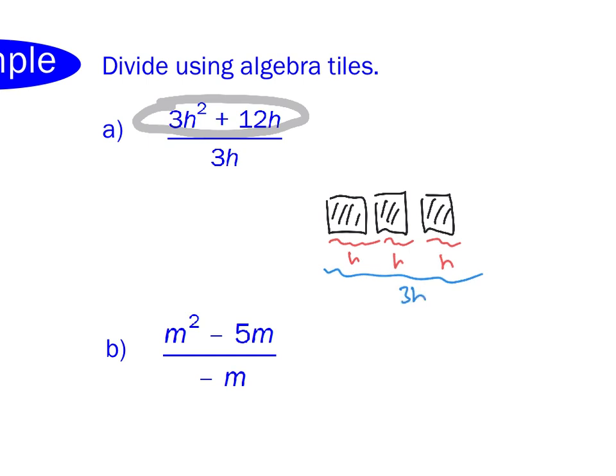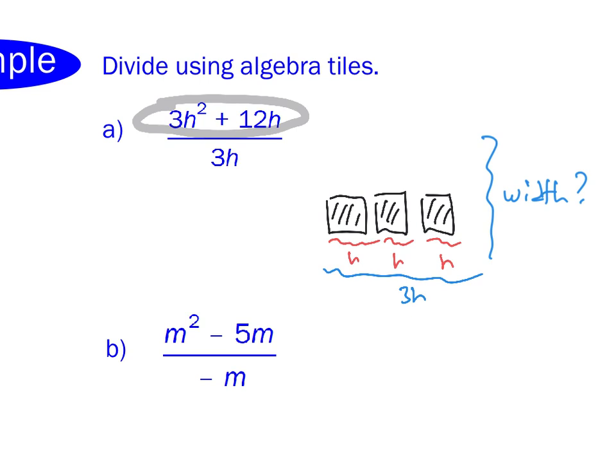And now what we do is build up from here by putting the 12 h's and trying to figure out what is the width. What is the width of this rectangle? If you think about how we divided yesterday, we talked about dividing into groups.